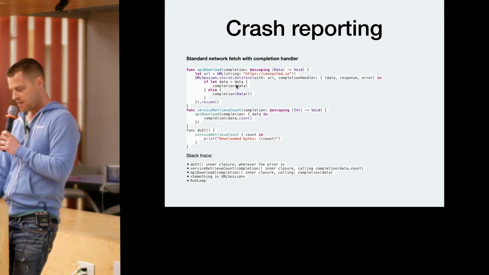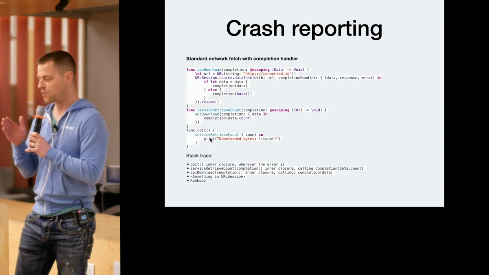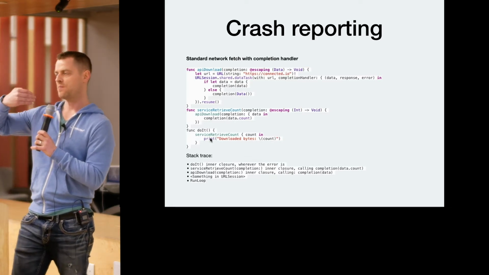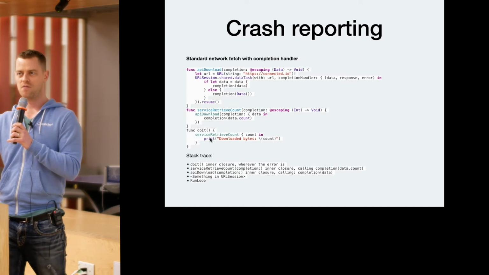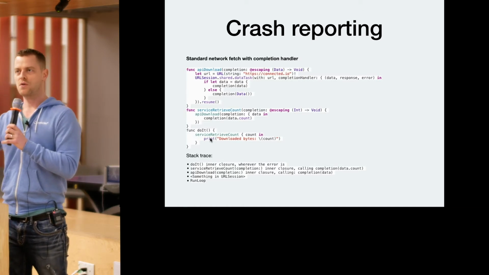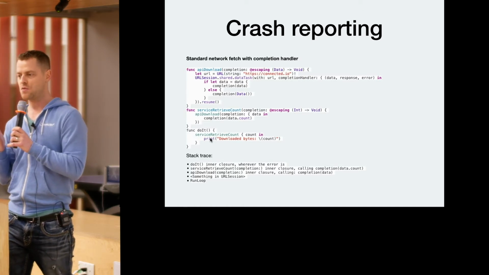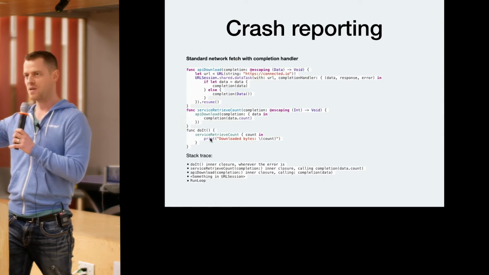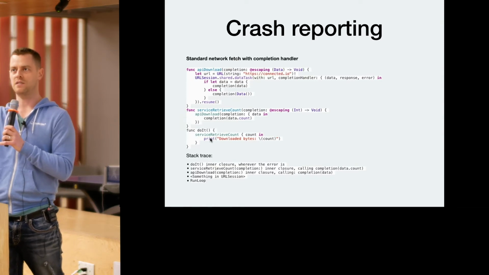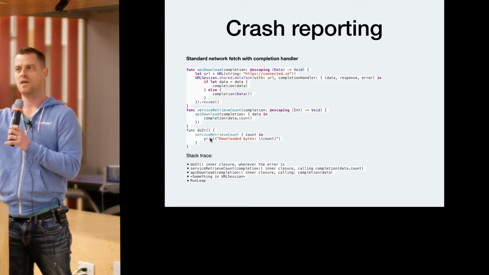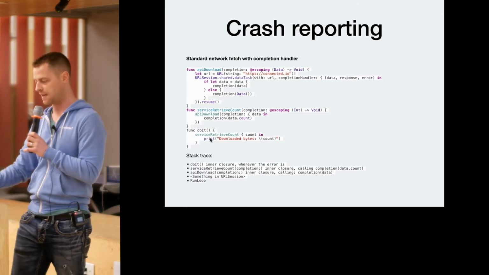And then we'd see that we're in the service in its completion closure, and then we'd see we're in do it. So even though the response calls are coming, because we passed them in from the requests, you get the idea that I'm doing an API download, but you see who called it in the crash. So you get an idea of that calling context.